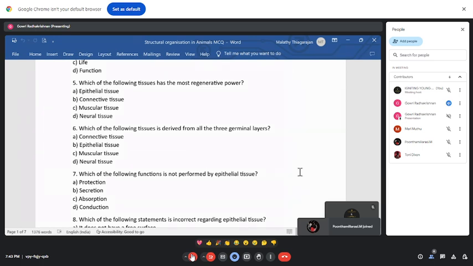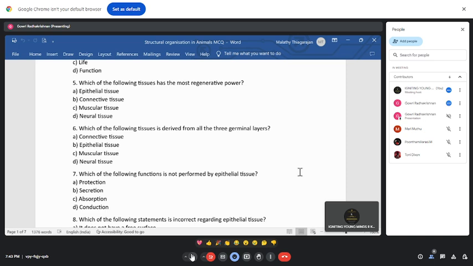Connective tissue connects the cells and tissues and organs. It also serves as protective tissue for the bone, joints, and all that. Muscular tissue, we all know. Neural tissue means nerves.